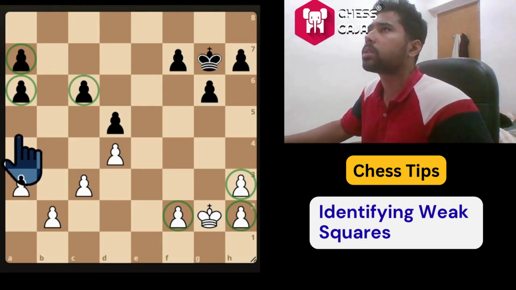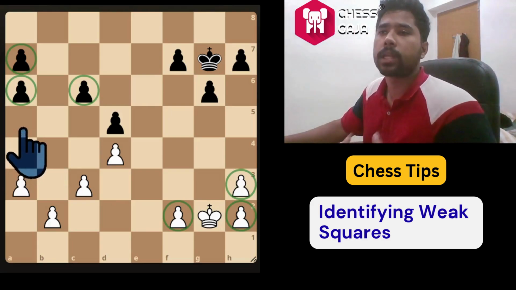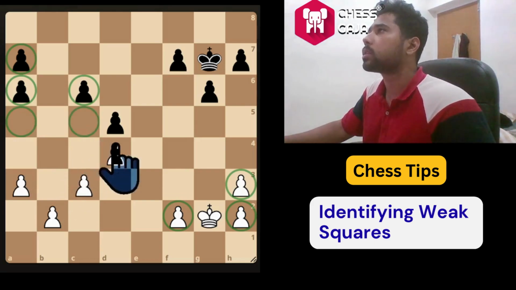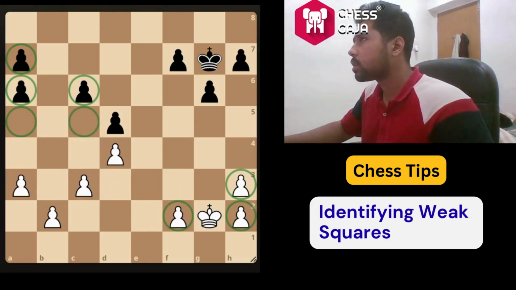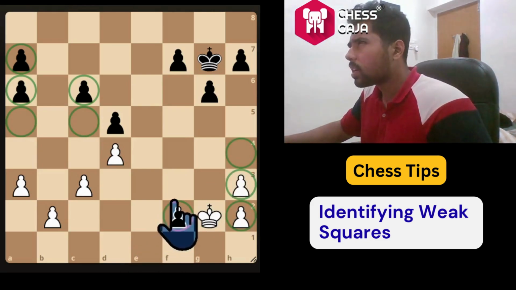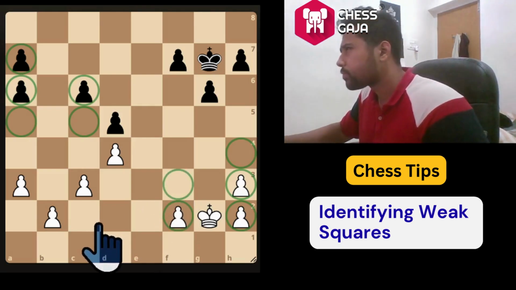For example, here, as we can predict, the weak square is the a5 square, and the weak square here is the c5 square. Similarly, the weak squares in white's camp are the h4 square and even the f3 square.